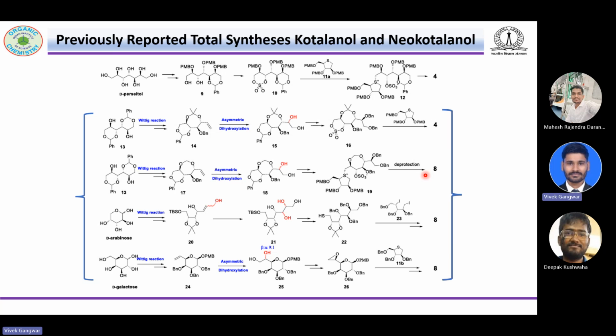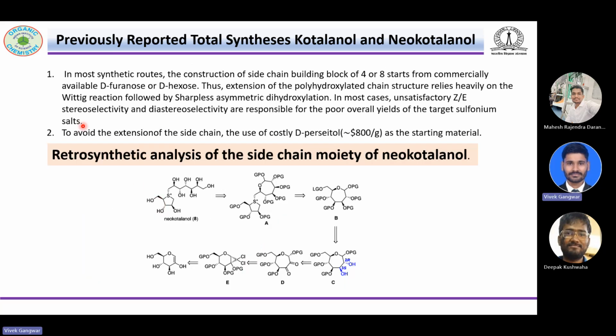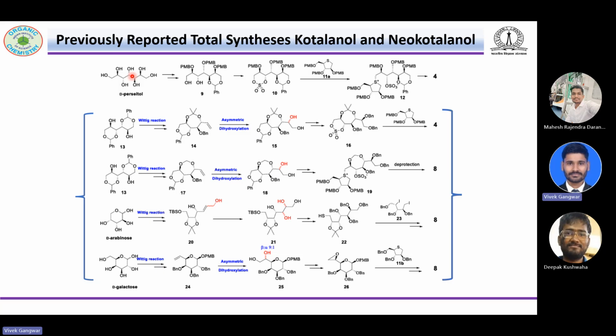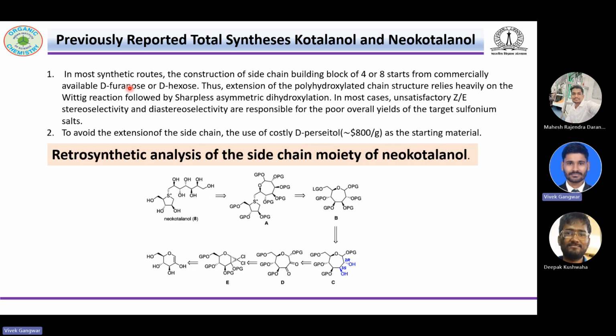What is the big problem with the first one and all of these? First is the construction of this sugar chain, which is very problematic, because if they start from D-perseitol, it is very costly. So this is the first problem in the first synthesis of neokotalanol.